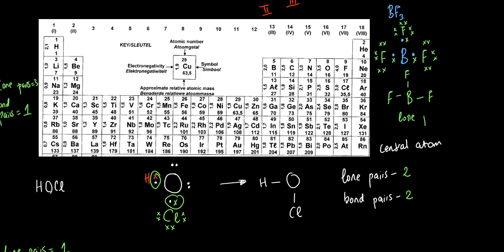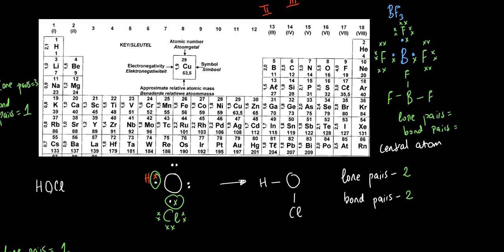So guys, how many lone pairs do we have? How many bond pairs do we have? Miss Uri, you will tell me the bond pairs, and then say how many lone pairs we have. 3 bond pairs.